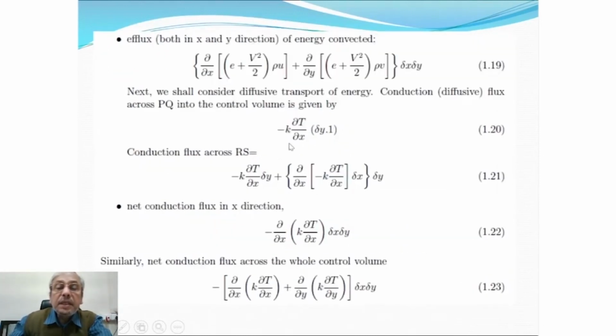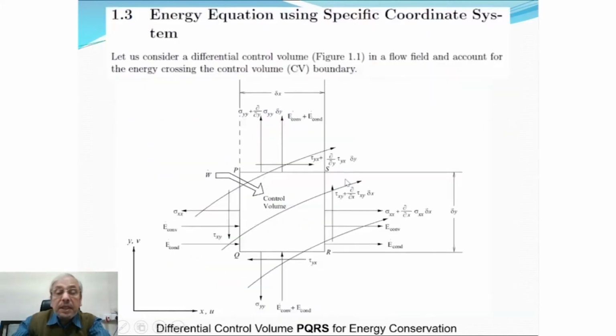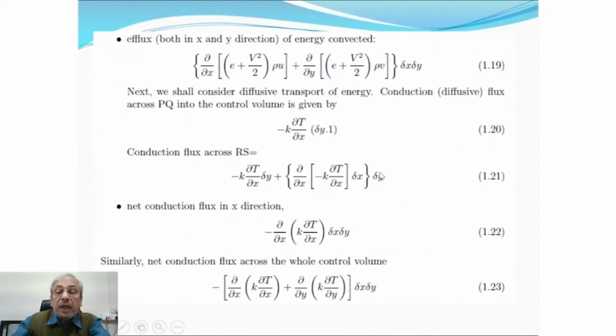So basically, this is given by minus K del T del X. We know Fourier law: thermal conductivity into area into del T del X. Conduction flux across RS is minus K del T del X dy plus del X of minus K del T del X into delta X, into delta Y for the RS surface.